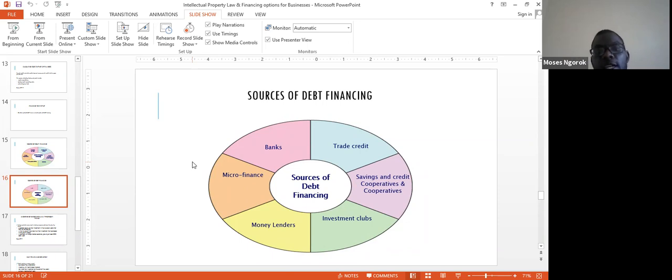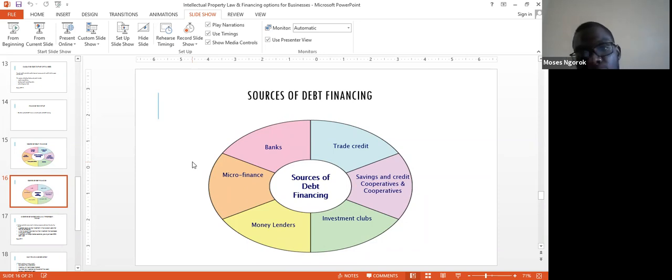You can also go to investment clubs. Under the capital markets laws, we have companies that are set up for investment purposes. Individuals set up this company and use it as an investment vehicle. So you can approach them. If they have funding for you, they can actually fund your business.